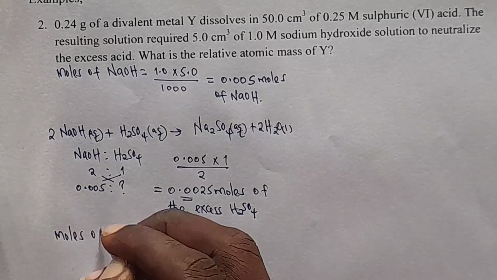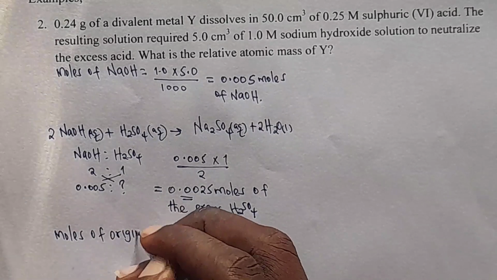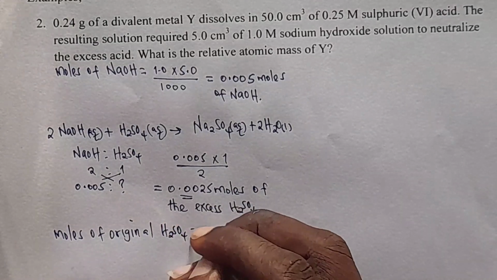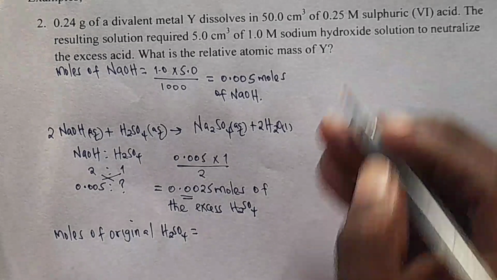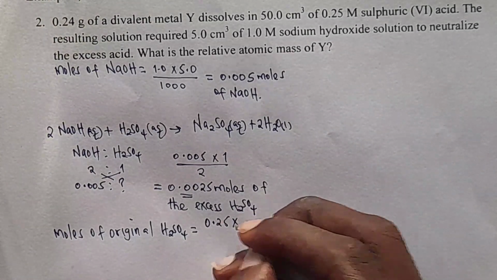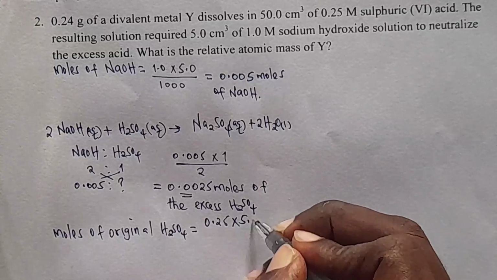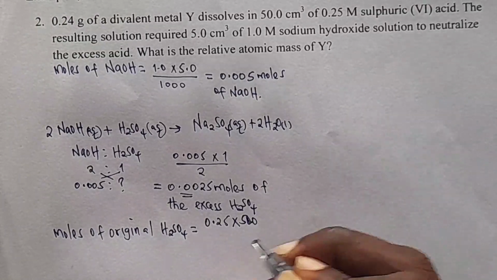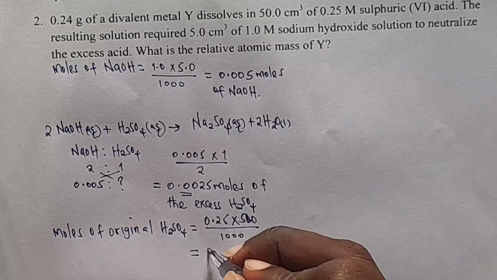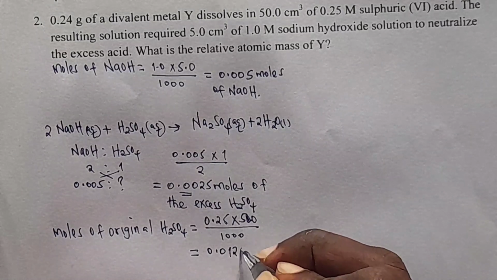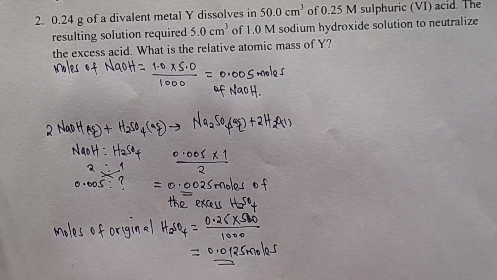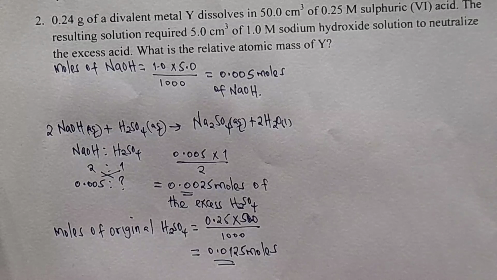Moles is given by molarity of sulfuric acid, which is 0.25, multiplied by the volume, which is 50.0, divided by 1000. Here we are going to get 0.0125 moles of sulfuric acid. So this will be the number of moles of the original acid.